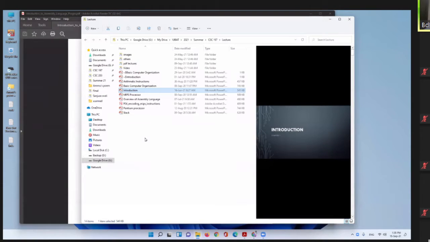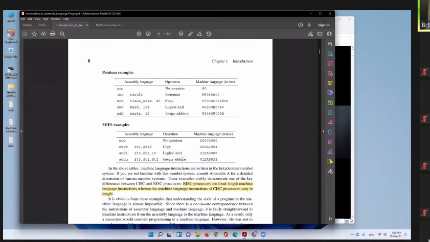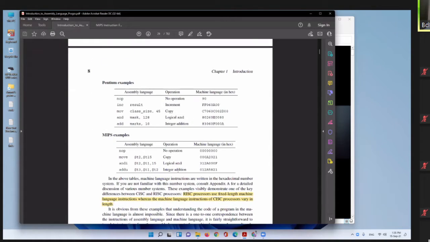You can read it from here. You also can read it from the book as well. Remember one thing I was talking about yesterday, these two examples. Here you can see that whenever you write any code, there are different lengths of machine language for 6 types of code, that is the Pentium processor.